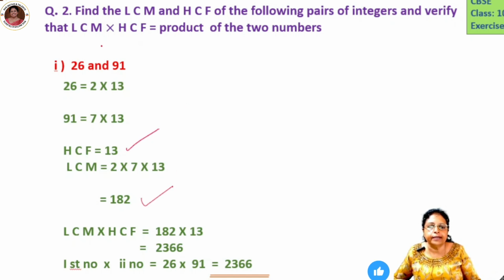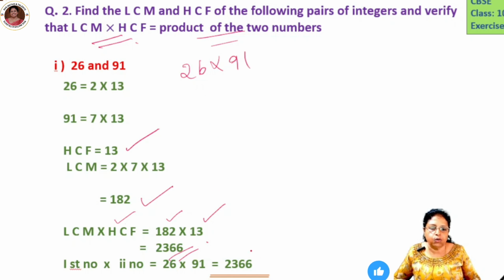What is the question? Product of LCM and HCF is the same as product of the two numbers. Okay. So LCM and HCF, their product, that is 182 times 13. And if you find the product, that is 2366. Okay. And what is the product of the numbers? That is 26 times 91.